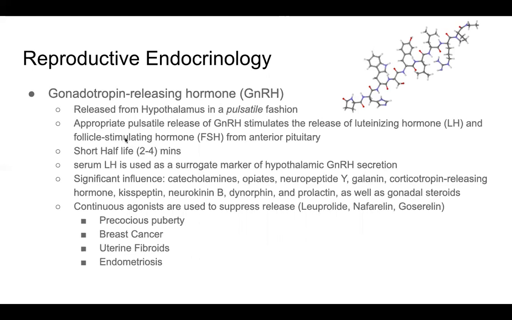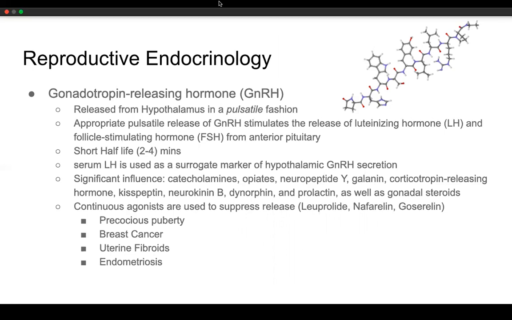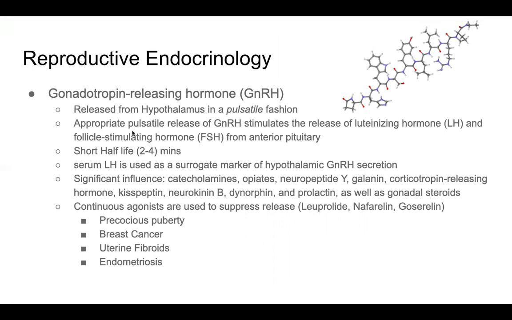Like we said before, appropriate pulsatile release of GnRH stimulates the release of luteinizing hormone and follicle-stimulating hormone from the anterior pituitary. This hormone has a short half-life, about 2 to 4 minutes, and like I said, it's only reactive at very high concentrations, and so that's why we don't see any other effects in the body.